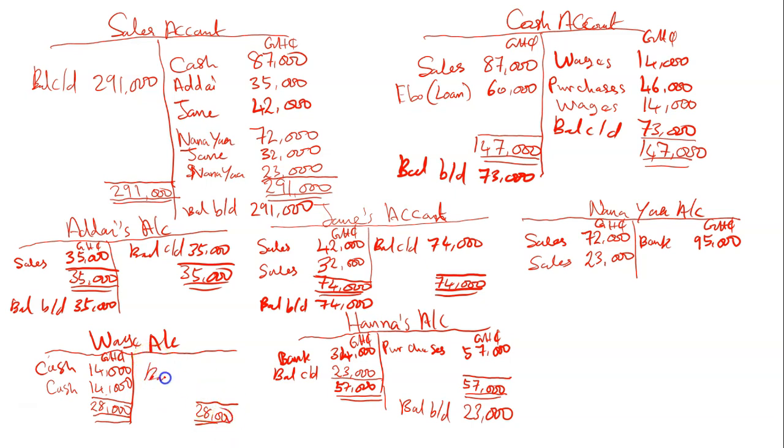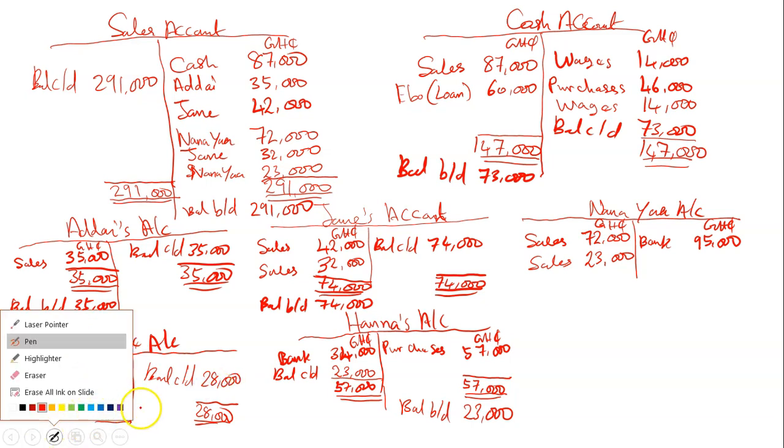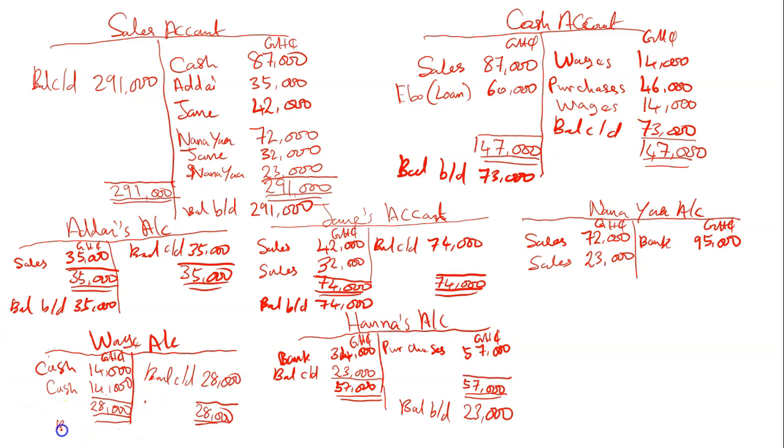So it will be a balance carried down 28,000, and then here balance brought down will be what? 28,000. The total here will be 95,000, and this side also will be 95,000.